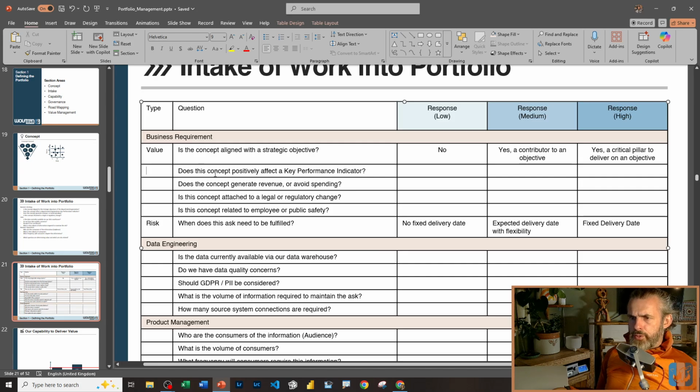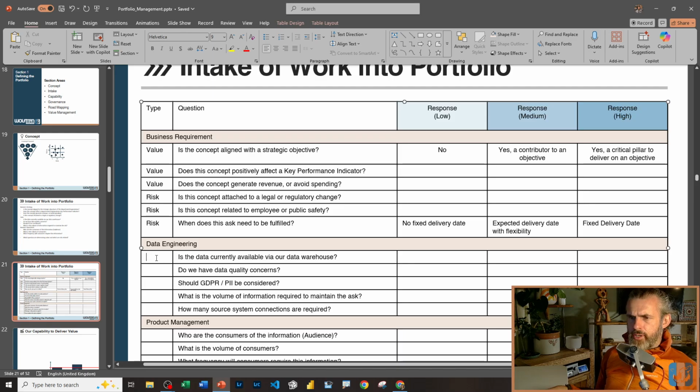Does the concept positively affect a key performance indicator? That's a value related question. Does the concept generate revenue? That's a value related question. Is the concept attached to legal or regulatory change? I would say that's a risk related question. And is it a concept related to employee or public safety? That's a risk related question.